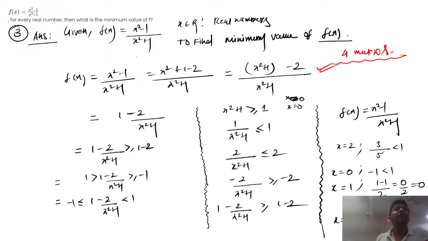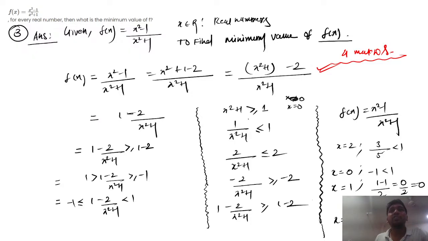So in this question, what have we done? We have f of x, x square minus 1 upon x square plus 1, where x belongs to the set of real numbers, and we have to find the minimum value of f of x. We wrote f of x as 1 minus 2 upon x square plus 1, converting it in such a way that we can form an inequality in terms of minimum and maximum value.